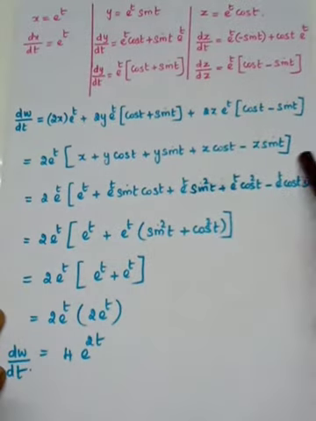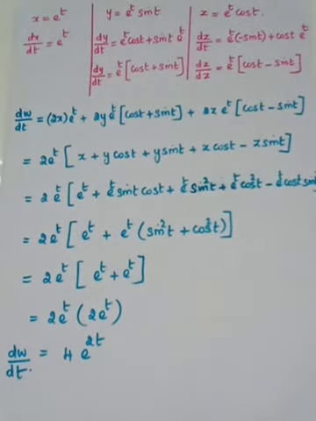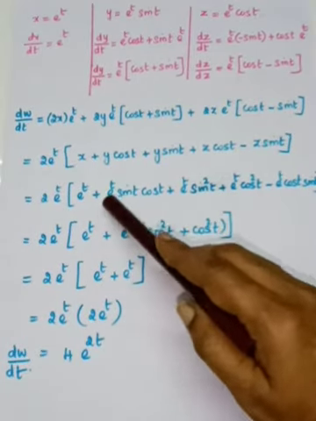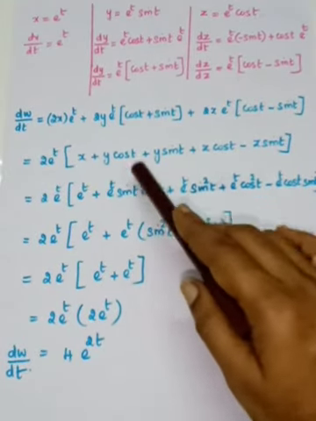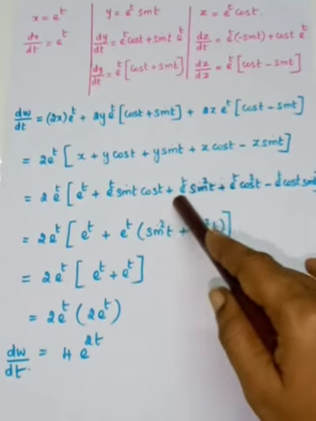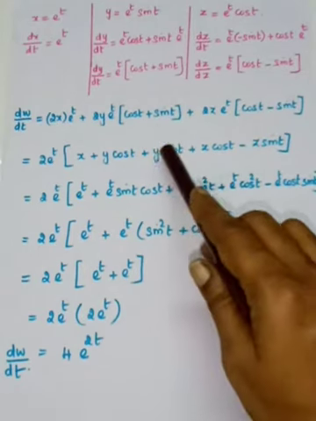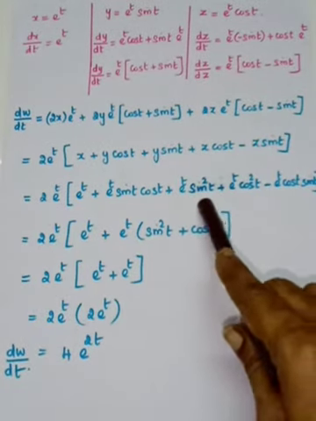So still you are having x and y. x has to be substituted as e power t and y has to be substituted as e power t sin t. Here you are having cos t, so into cos t plus y, what is it? y is e power t sin t. Again you are having sin t, so e power t into sin square t.